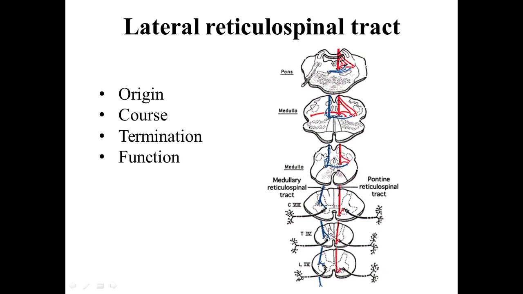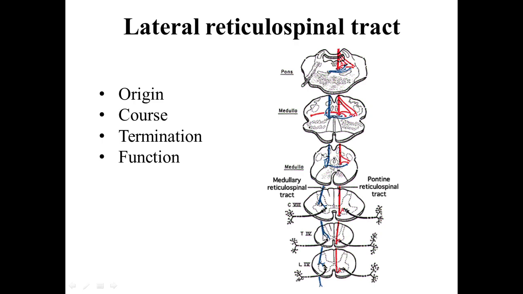Then the lateral reticulospinal tract. The blue line indicates the lateral reticulospinal tract. The fibers arise from the reticular formation of the medulla, and most of the fibers cross to the opposite side and descend in the lateral funiculus of the spinal cord.